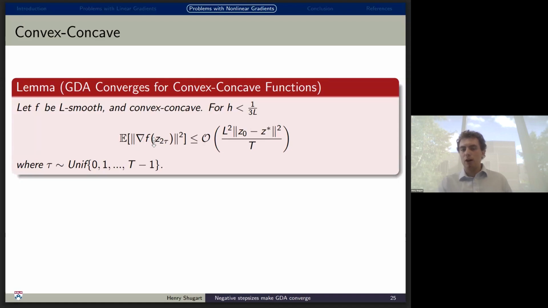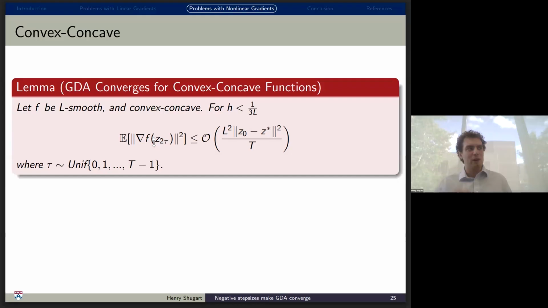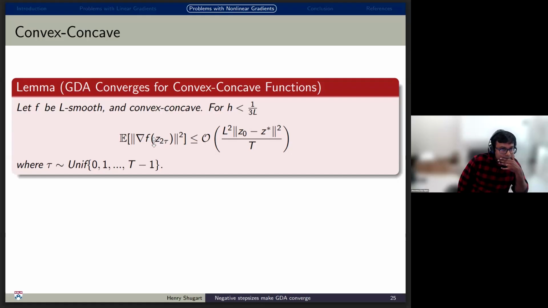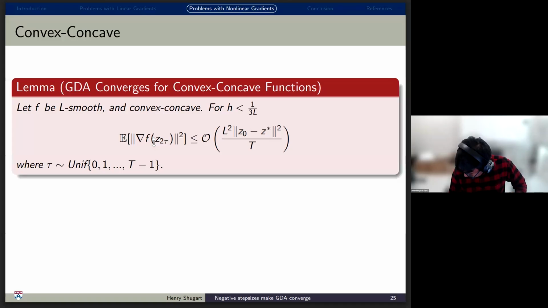We show a Lyapunov function on the distance to optimum, but it's kind of nonsensical to show convergence in distance, for similar reasons as in convex optimization. If you have just a convex function, you can't show convergence in distance. You have to show convergence in gradient or function value.